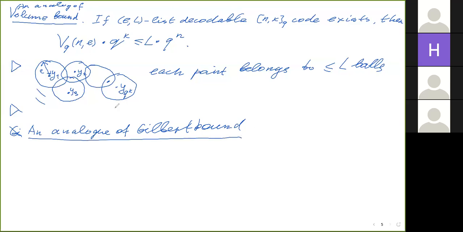In the analog of the Gilbert bound, we state a sufficient condition for the existence of the code. And the sufficient condition will be this inequality, but without L. So a little bit stronger inequality.